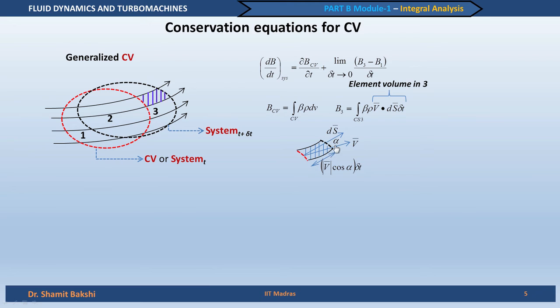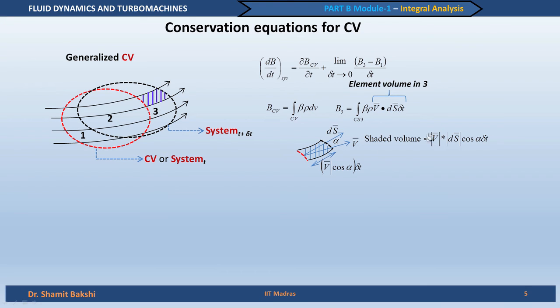So, this is basically the length of this control volume. If you now see this as the distance, the shaded volume will be given as V bar times ds bar cos alpha delta t. So, if you bring in the magnitude of area here, then you get the shaded volume.